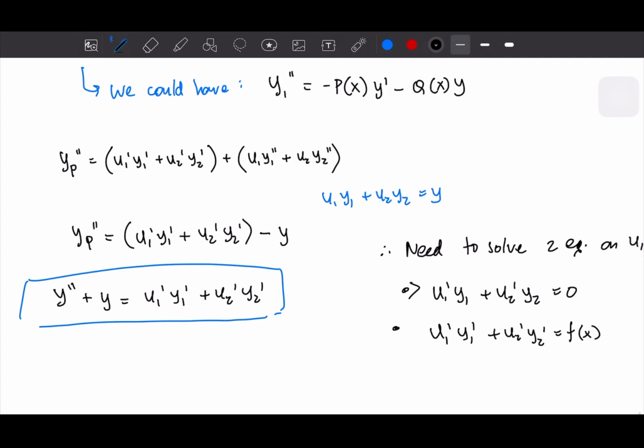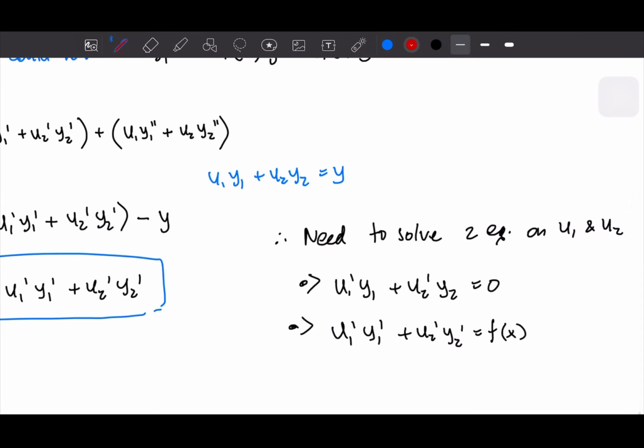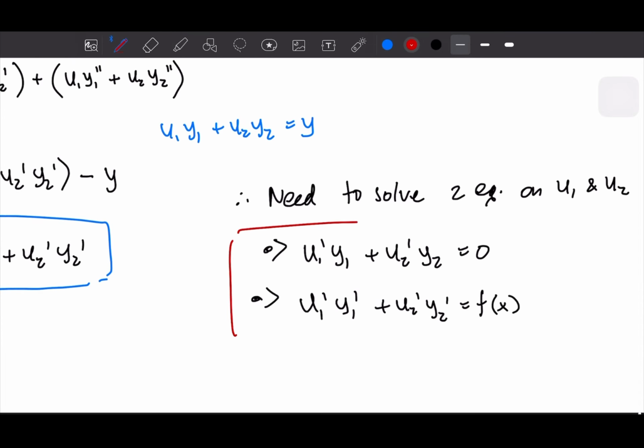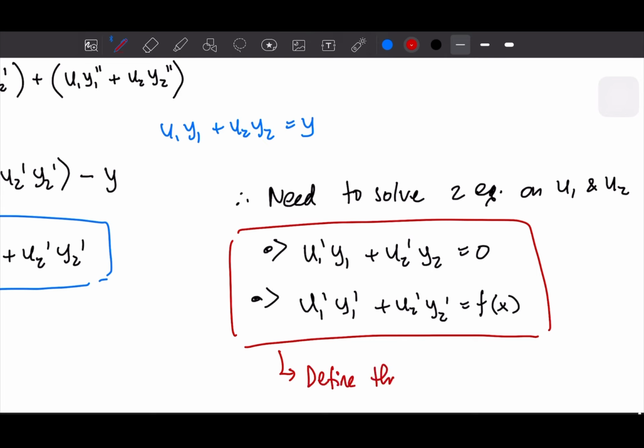So from here, we are going to build a matrix.